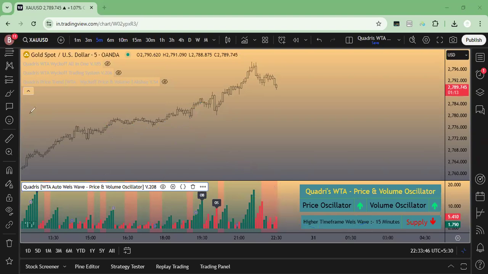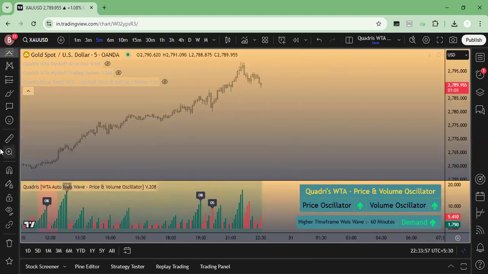So now, how to trade based on this one? The first thing which I look out for using this is whether my higher time frame is showing me demand or supply, because this is the tool which I have developed for that main objective, adapting the Weiss wave.